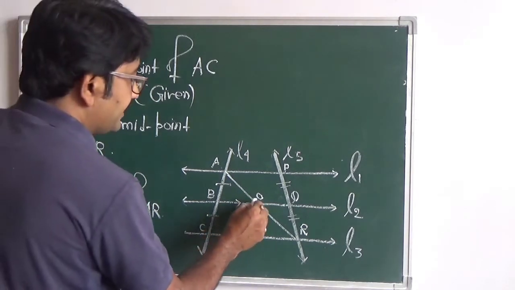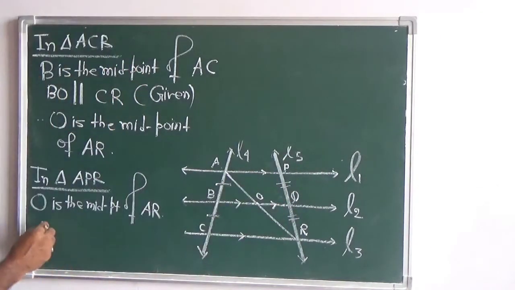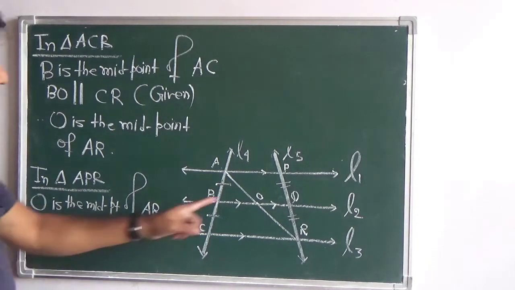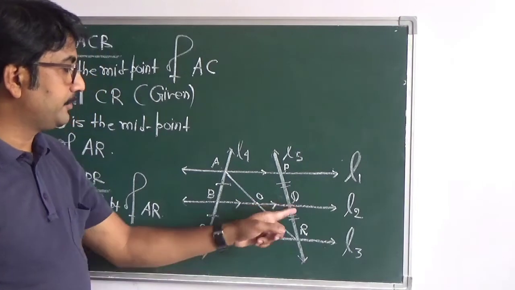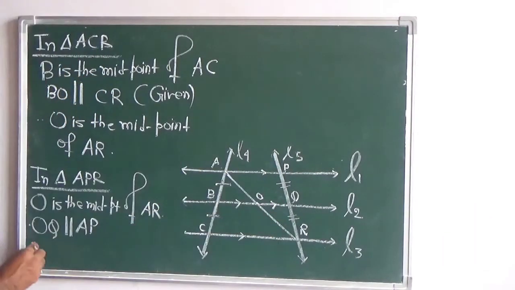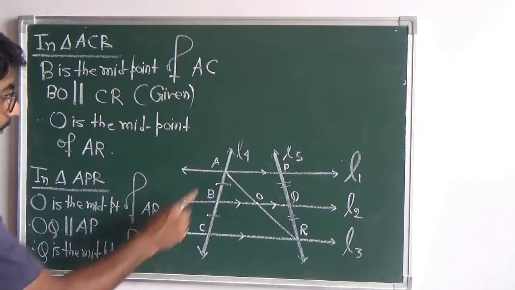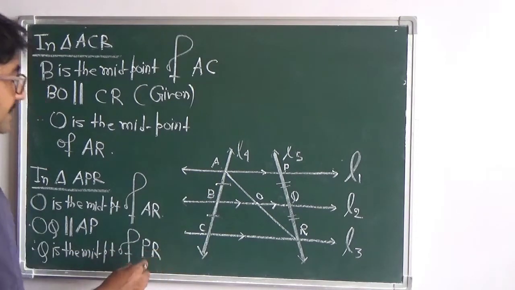Again, since L1 is parallel to L2, OQ is parallel to AP. So since O is the midpoint of AR and OQ is parallel to AP, Q is the midpoint of PR. What does it mean?